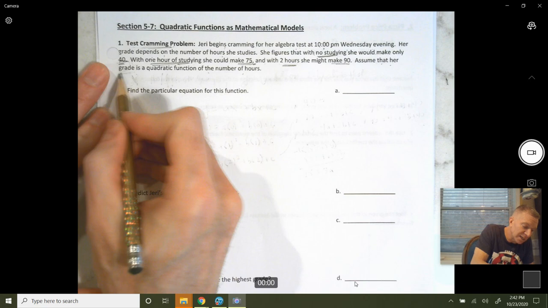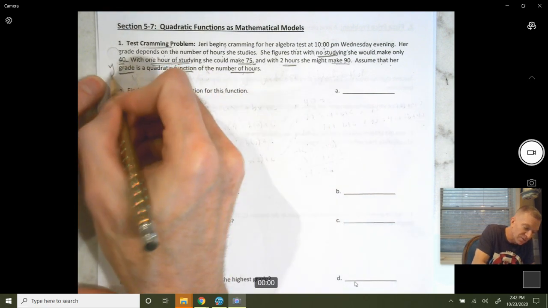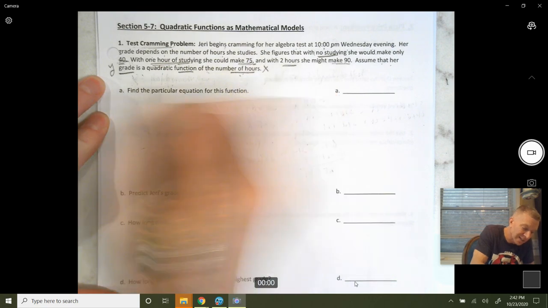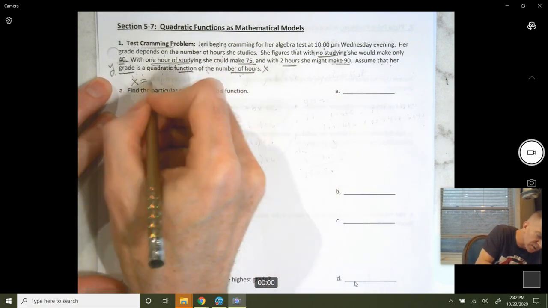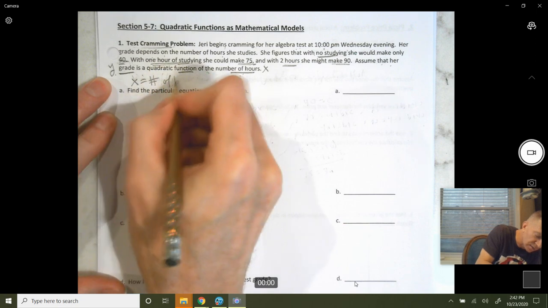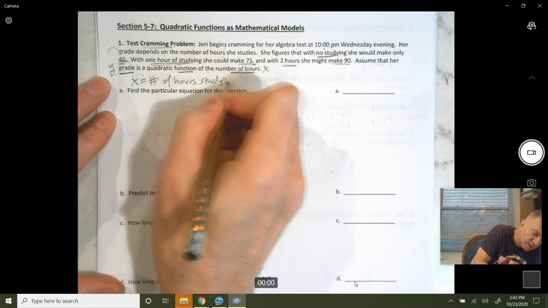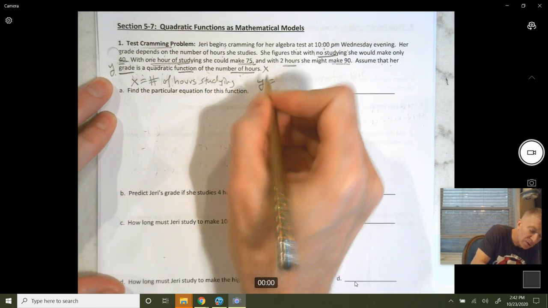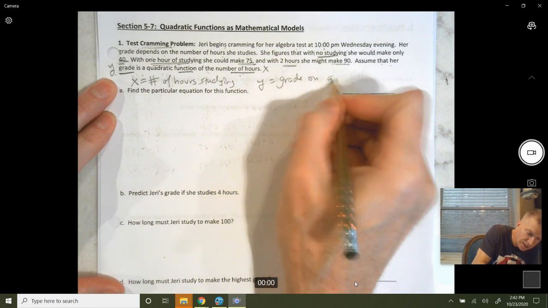So if grade is a function of number of hours, remember the y is always a function of x because y is dependent, x is independent. So your x is your number of hours studying. Your y value is the grade on the test, so your grade on your algebra test.